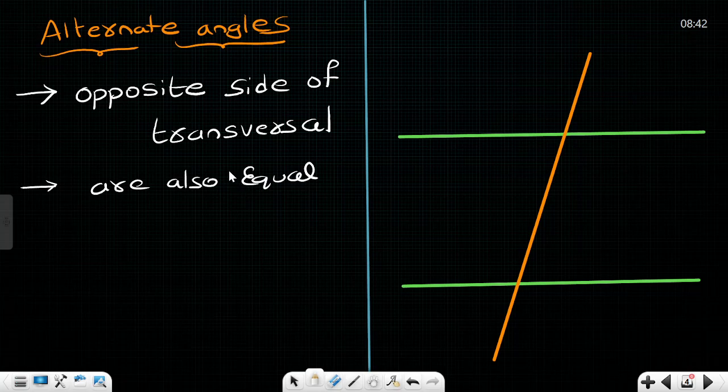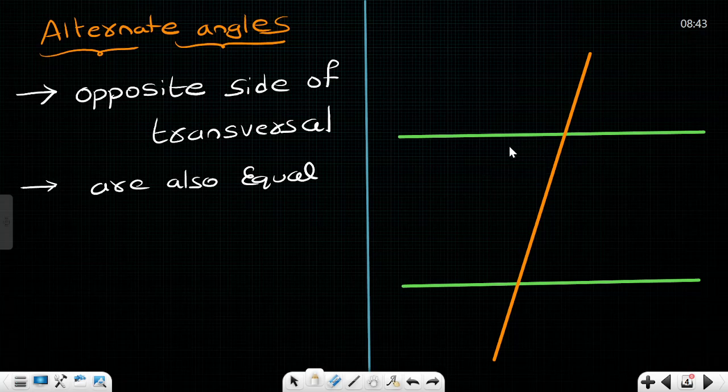So you might say, sir, I will take up this angle and this angle. Sir, they are on the opposite side of transversal and they are also equal, but they cannot be called alternate angles, Akshita. They already have a name, that is vertically opposite angles.